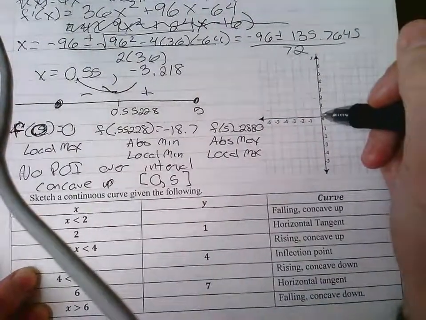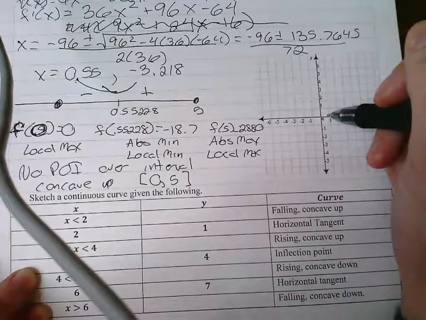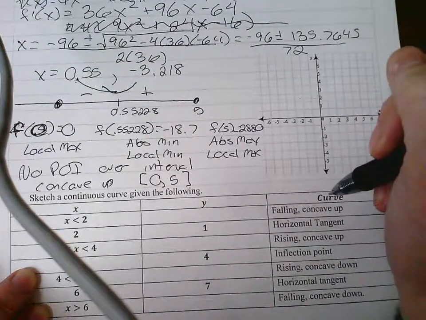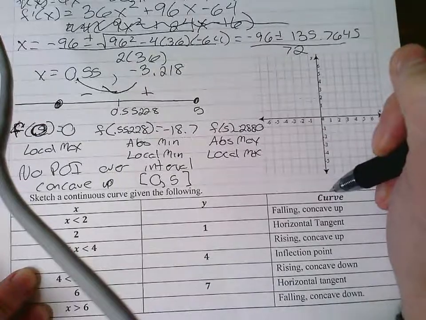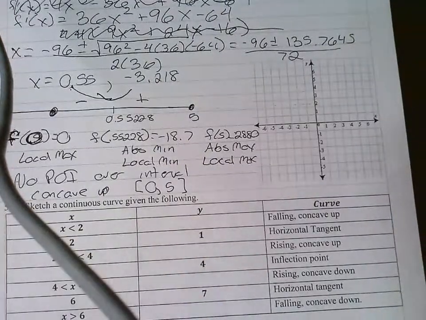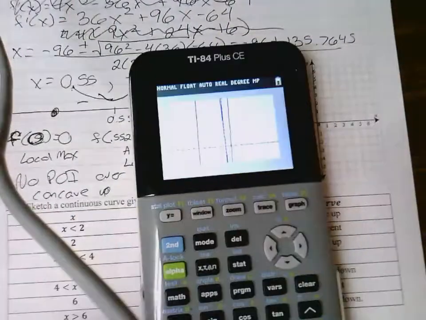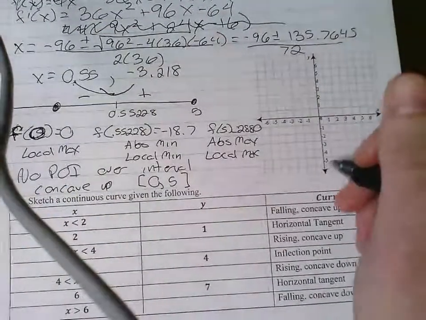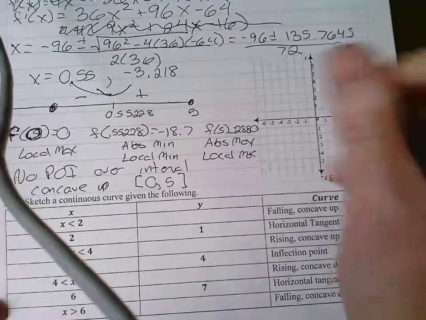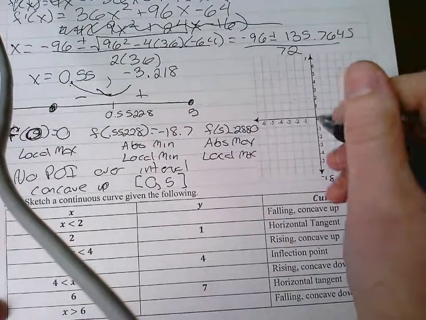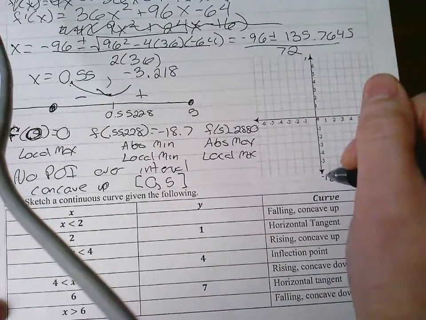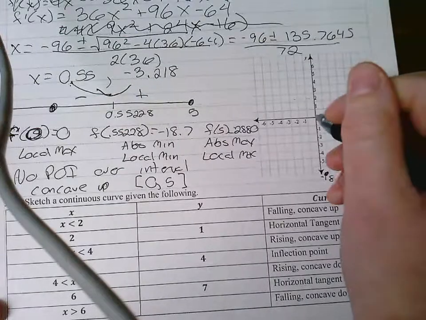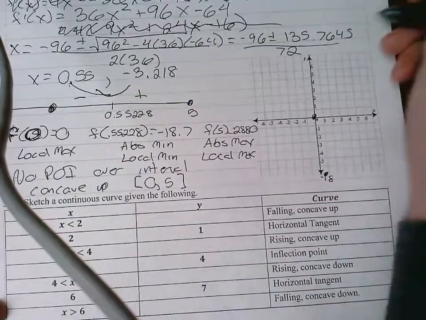So if I were to draw this, I got 0, 0 here. I got 0.5, negative 18, which is way down there, so I can't even graph this. But the graph looks like this. So that's not even in your domain. But let's just pretend this is negative 18 down here. So we got that, negative 18, 0.55, and 5, 280 something.